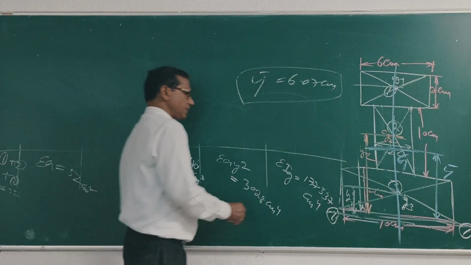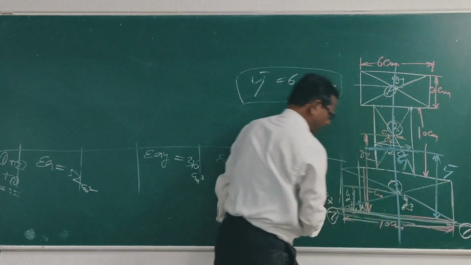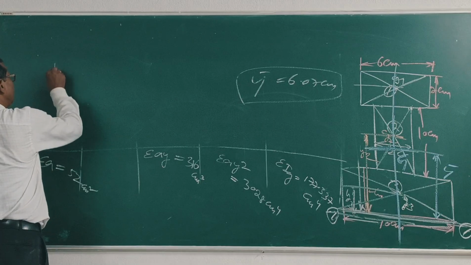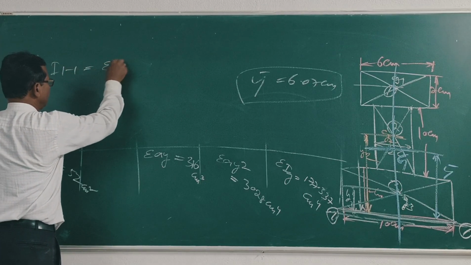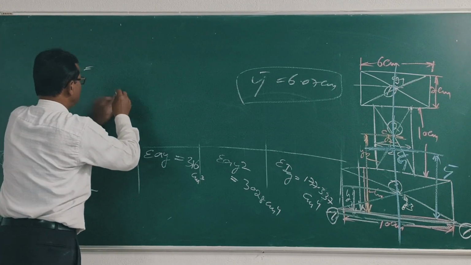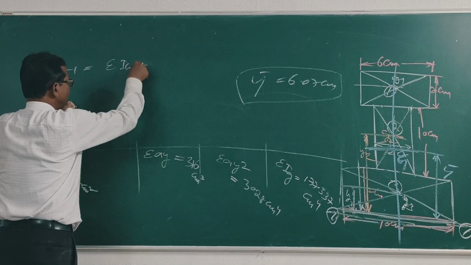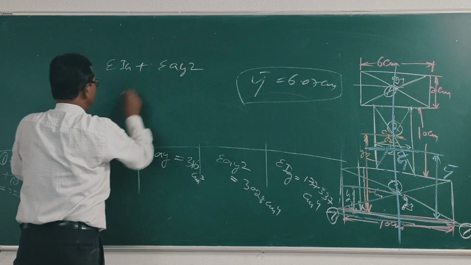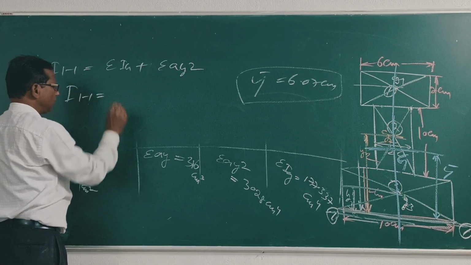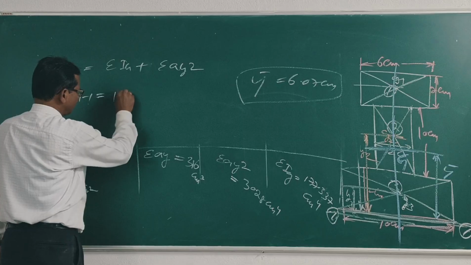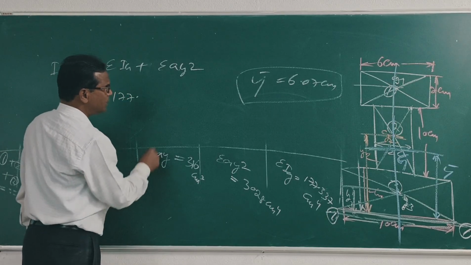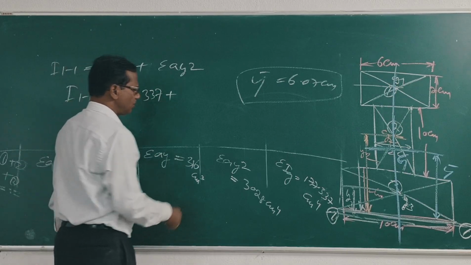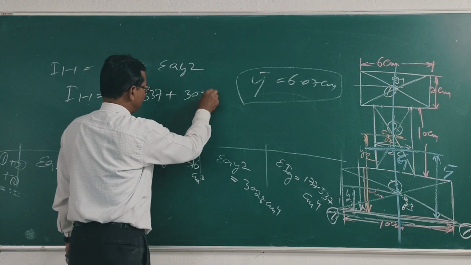This is section 1, this axis 1-1. Clear? So moment of inertia about 1-1, I11, is equal to sigma I G plus sigma A y square. What is I11? It is equal to sigma I G, 177.337, plus 3028.